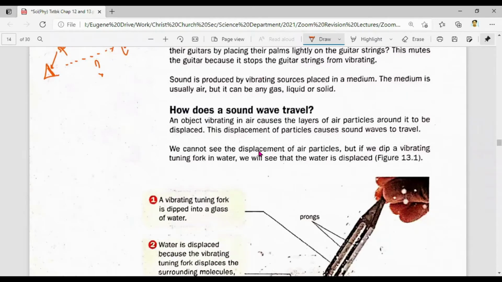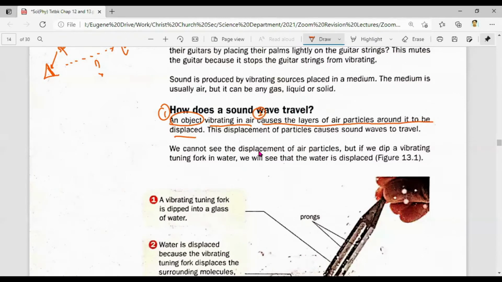So first thing, how is sound produced? Generally it starts off with an object vibrating in air, because the sound that we hear normally is because of the air particles vibrating. The object vibrating in air causes the layer of air particles around it to be displaced.